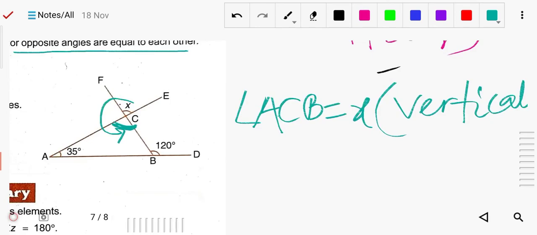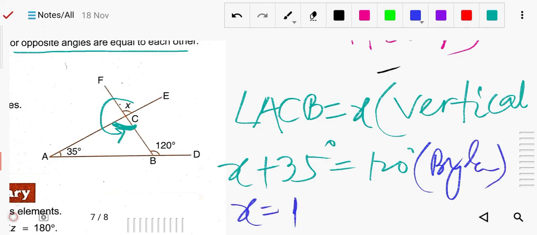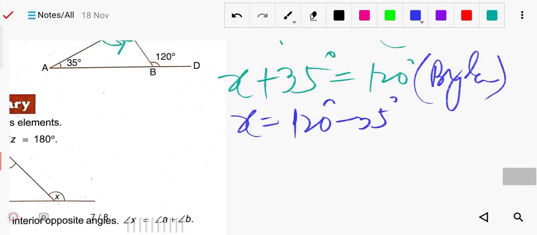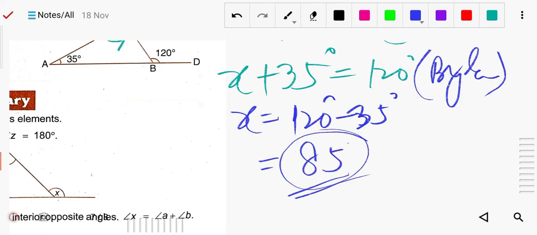Now we will use the property: x plus 35 degrees equals 120 degrees, and the reason is the exterior angle property. So x equals 120 minus 35 degrees. So 120 minus 35, you will get 85 degrees. Okay, so the value of x is 85 degrees.